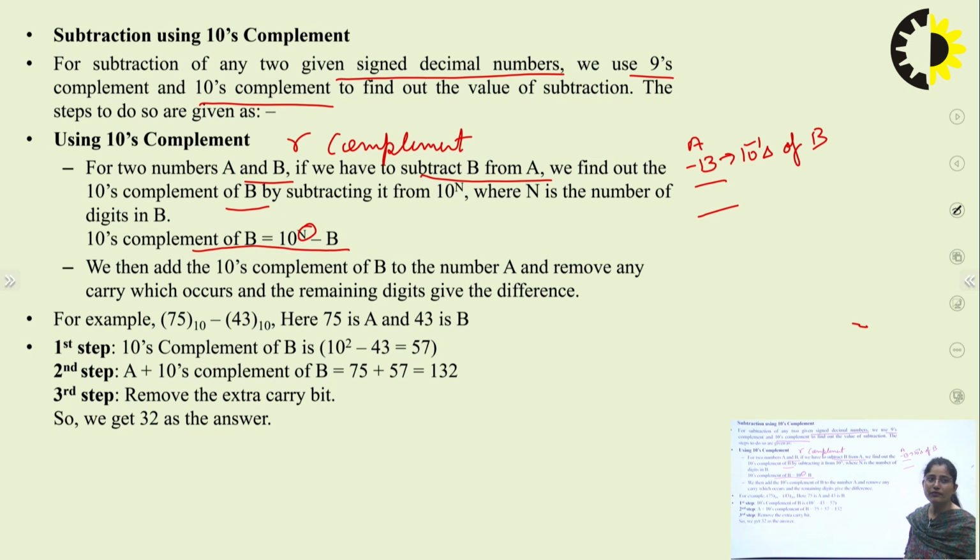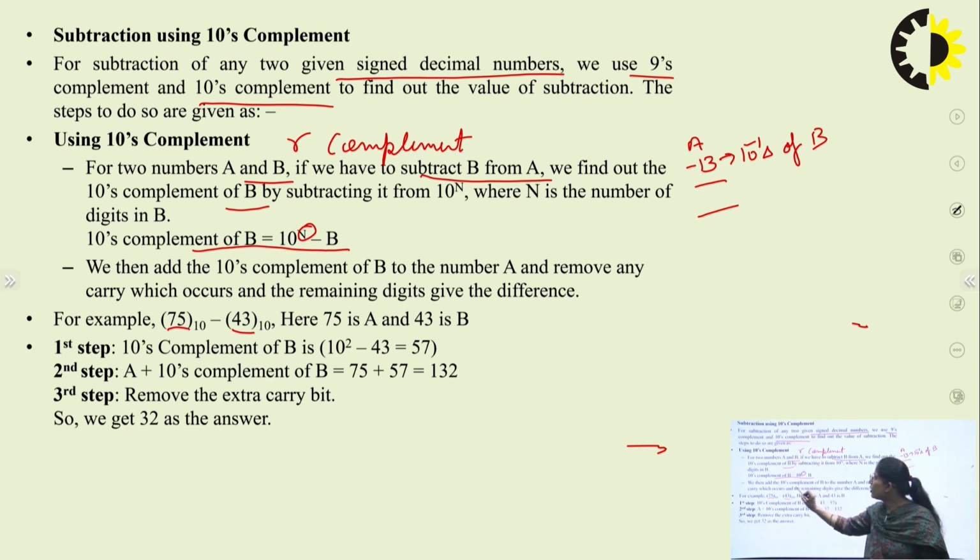What is the number of digits here? Like we have the number 75 base 10 minus 43. So what will be equal to capital N? Here we count the number of digits in a number. 43 has 2 digits and 75 has 2 digits, so the value of capital N will be equal to 2.